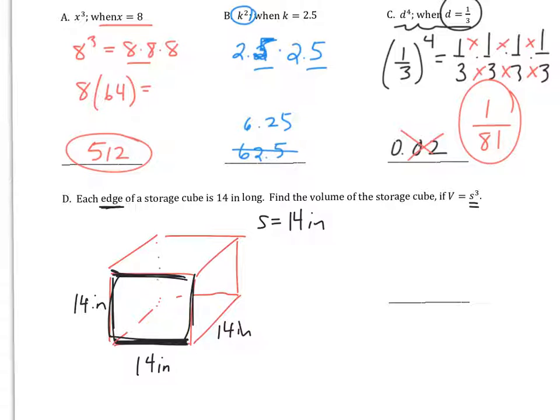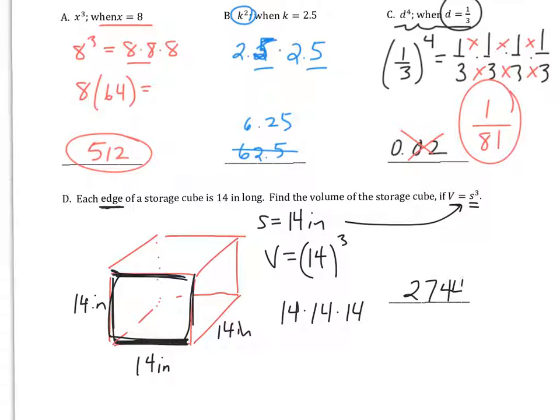So I am going to plug the 14 in here, and I am going to say that V, the volume, is equal to 14 cubed. See if you can come up with a final answer. Go. We're going to do 14 times 14 times 14, and we're going to get 2,744.